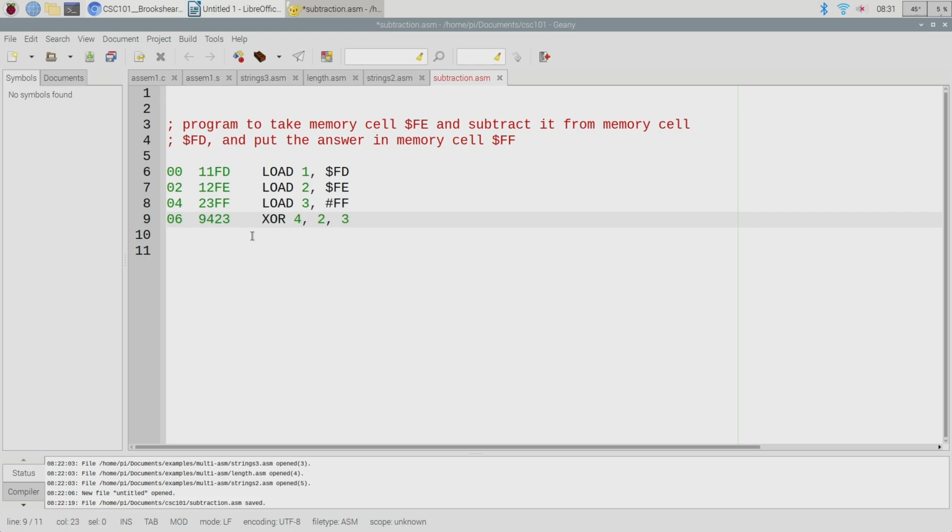So what's the convention here? The 4 is the destination, and that's listed first here. Is that maybe a little backwards from how you'd expect it? Maybe, but sorry, that's just the convention. Okay, good. So we've XORed it, and that answer is sitting in register 4.